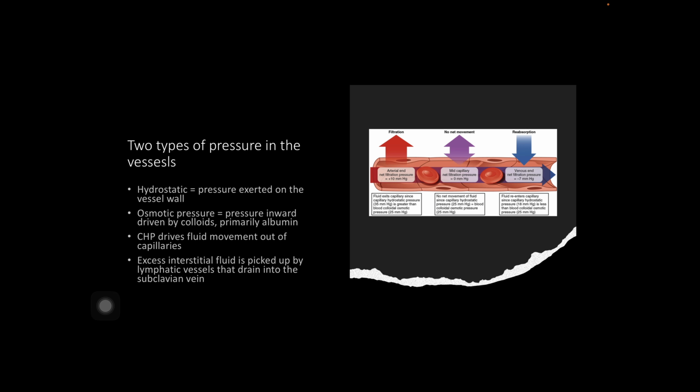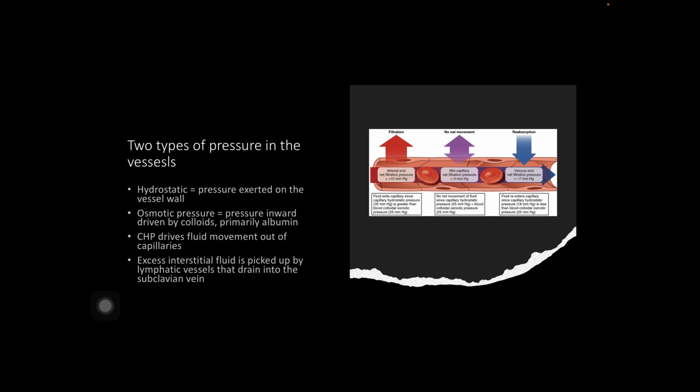Hydrostatic pressure pushes water out, and that's called filtration. And then the reabsorption back into the vessel is driven by the colloids, the stuff in our blood that's making it have more tonicity. So it becomes slightly more hypertonic than the extravascular space.